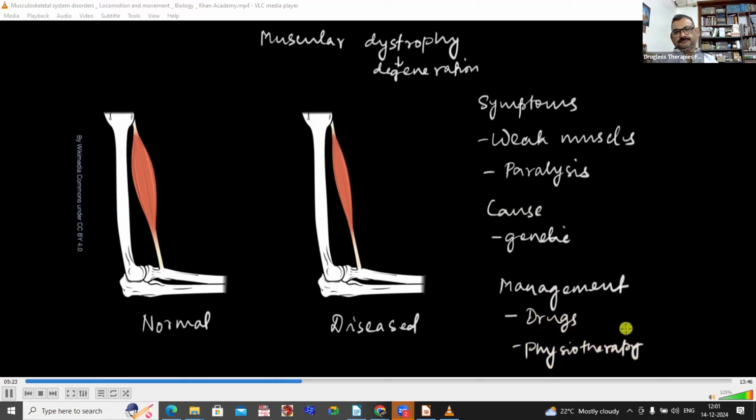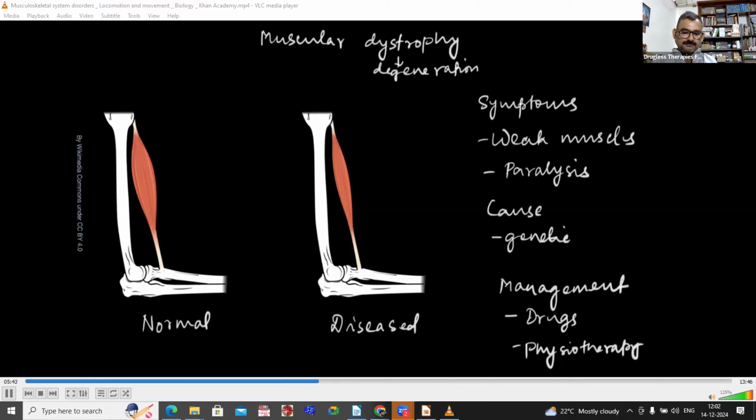Most people will live for quite a while, but sometimes the disease spreads too soon and a person lives for only, let's say, 20 or 30 years. Although myasthenia gravis has the word gravis in it, which means more serious, muscular dystrophy is actually the more serious disease.